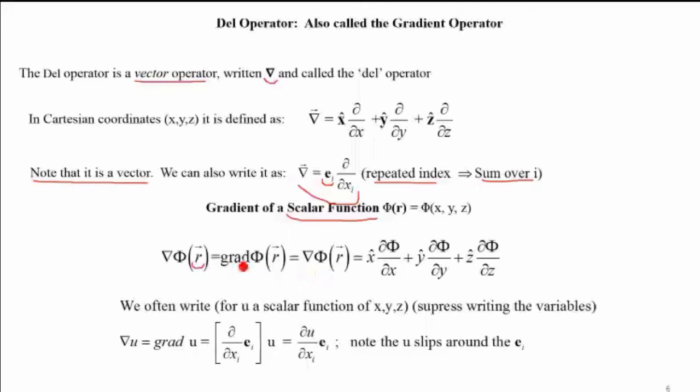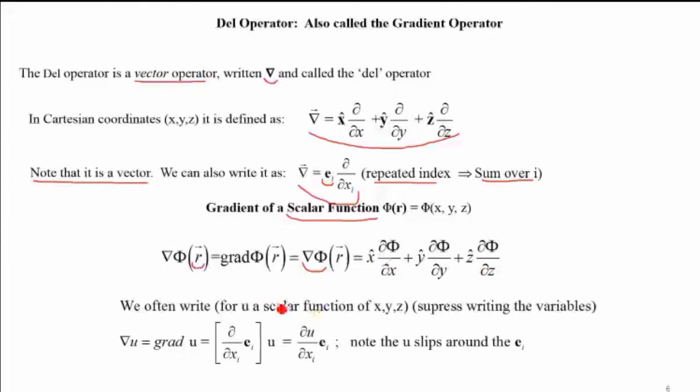We can either write it grad or in this form here. And what we mean by that is exactly what we have up here. Here's del operating on phi. You take the derivative of phi with respect to x, with respect to y, with respect to z. And the fact that the unit vectors are here implies that this indeed is a vector.